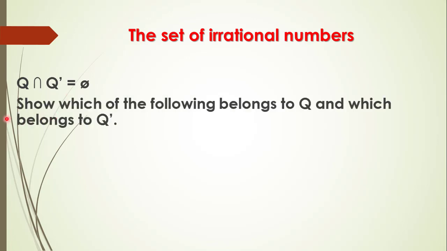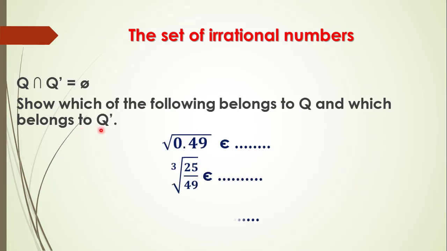Let's take an example. Show which of the following belongs to Q and which belongs to Q dash. We have three numbers here. Number 1, the square root of 0.49. The square root of 0.49 is 0.7, so this number is a rational number.